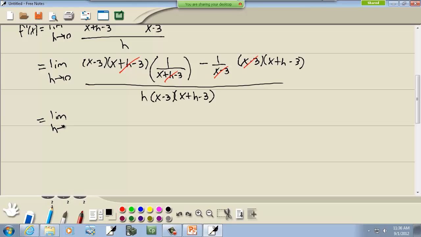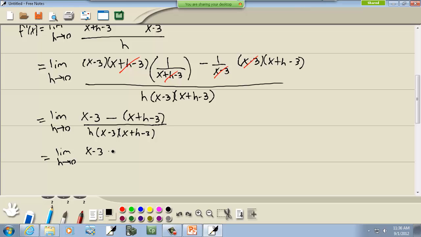So we have the limit as h goes to 0 of x minus 3, sorry, minus this right here, x plus h minus 3, over this. Now remember, a negative out in front is going to flip the sign of everything, so it becomes x minus 3 minus x minus h plus 3, all over h times x minus 3 times x plus h minus 3.